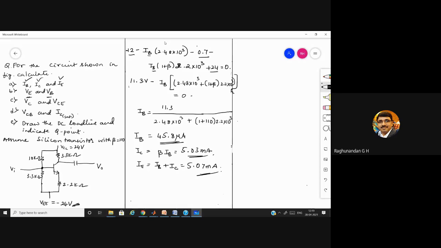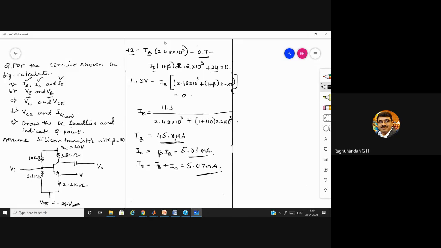We need to find VE, VB. So how can we find VE? Can we find VE by just directly applying VE is equal to IE into RE? No, we need to take the minus 24. So in this case, we cannot find VE directly, so we need to apply the KVL to the emitter loop.